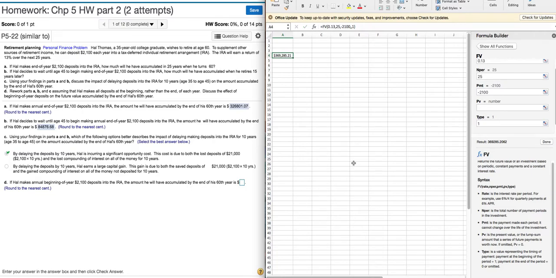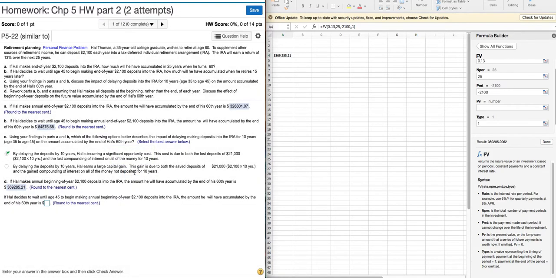Okay, and then as we would expect, the value is greater as an annuity due than it was as an ordinary annuity because of the extra year of growth for each deposit. So this would be $369,285 and 21 cents. Okay.